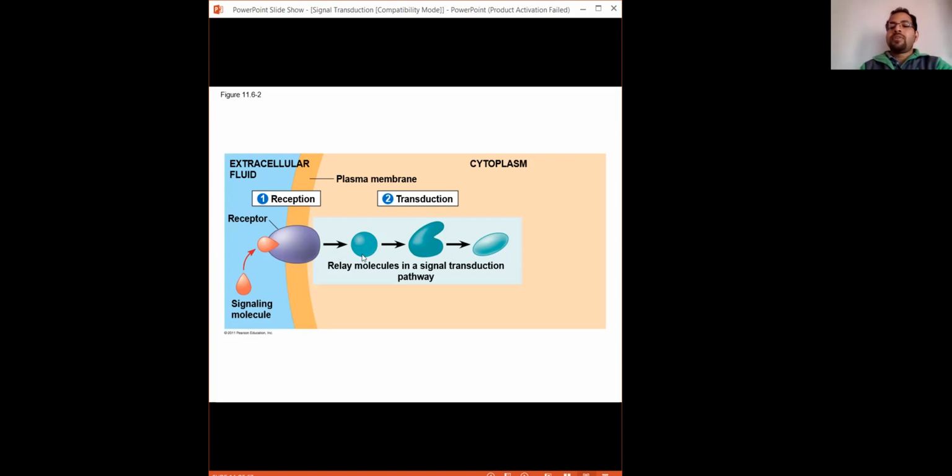These relay molecules in a signal transduction pathway are ultimately generating a response, which basically includes the activation of different cellular activity. These are the three steps of the cell signaling pathway in general: reception, transduction, and response.